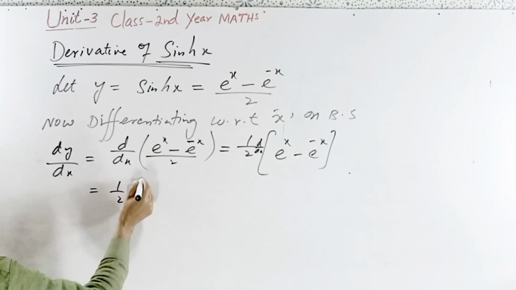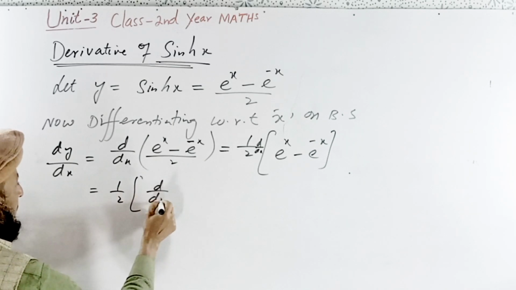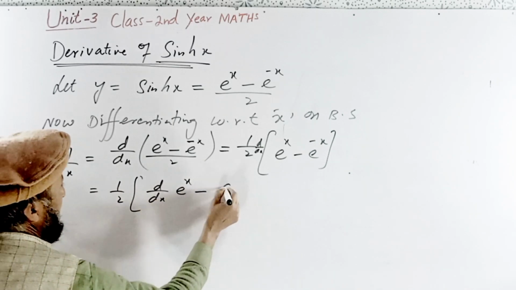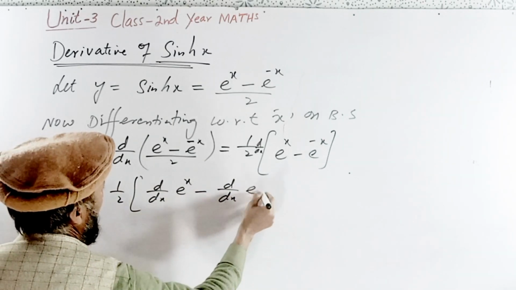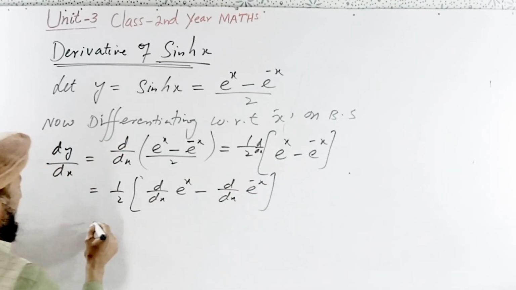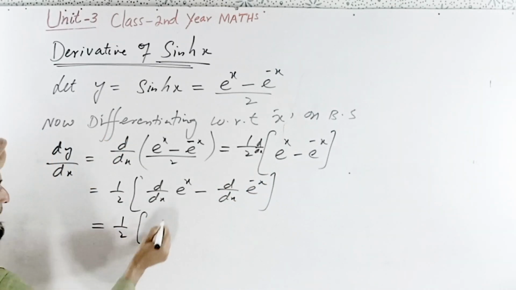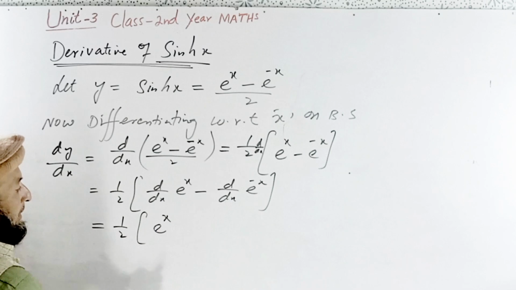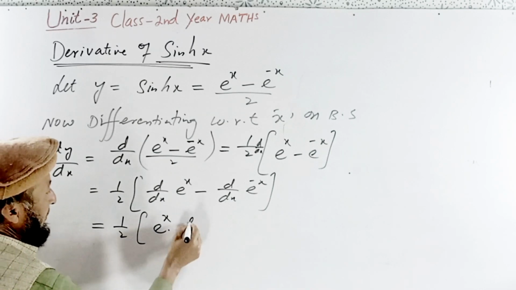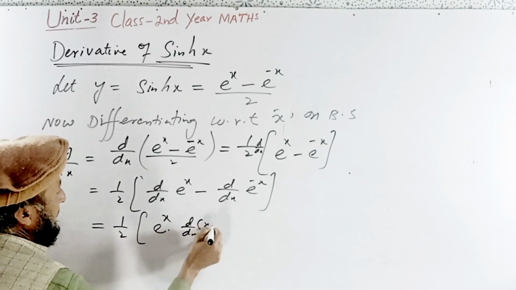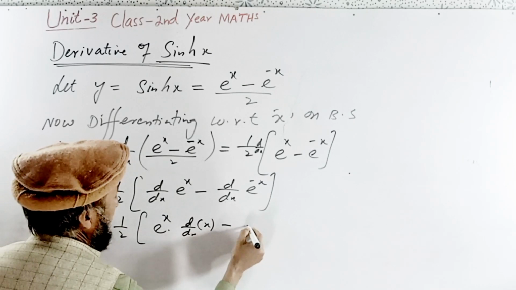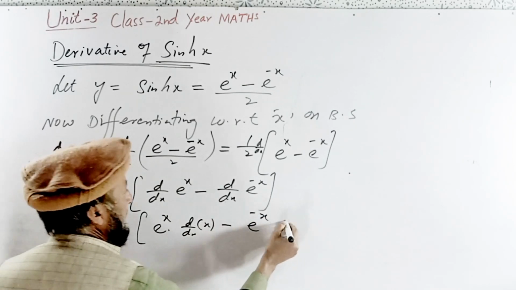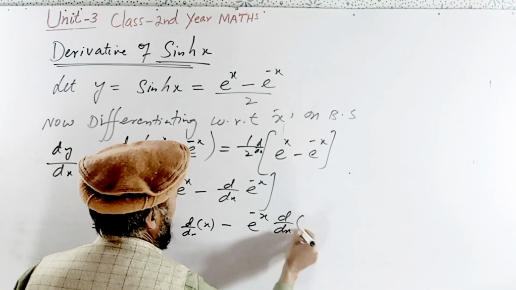So 1 over 2 times the derivative of e power x minus the derivative of e power minus x, according to the formula, and further the derivative of minus x.